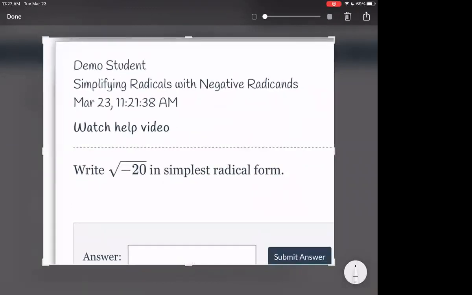So I can write -20 as the product of two numbers, specifically -4 times 5. I could have written 20 as the product of 10 and 2, but I want to choose -4 and 5 because I know that 4 is a perfect square.